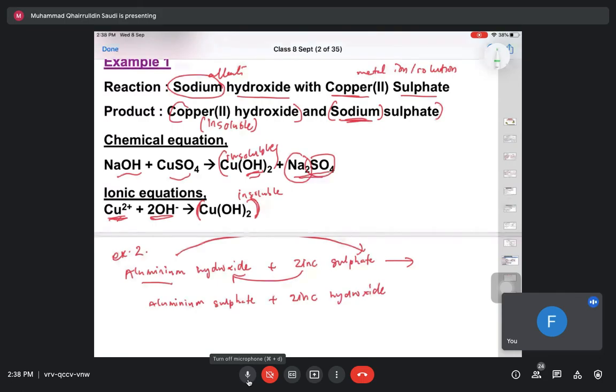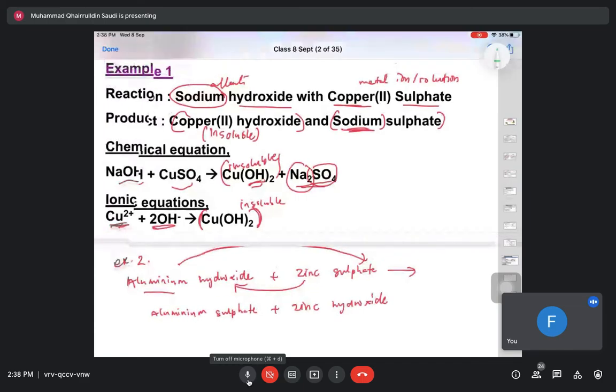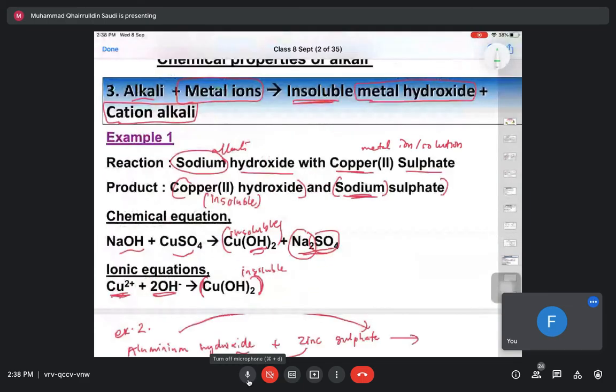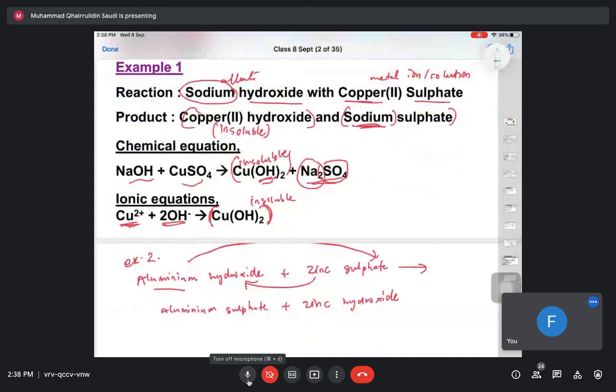Alkali plus metal ion, the insoluble will be the metal hydroxide. So, our products are aluminium sulfate and zinc hydroxide. Which one will be the insoluble? Zinc hydroxide. Yes, so this one will be the insoluble one. Aluminium sulfate will be the soluble one.